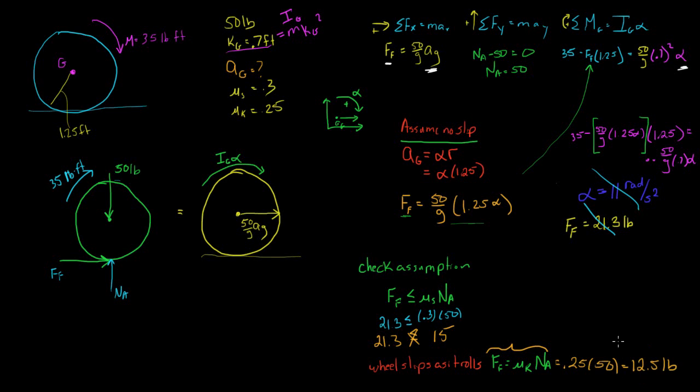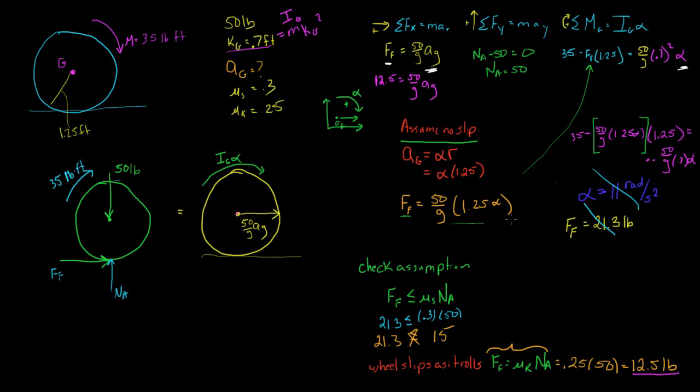But we still don't know what our angular acceleration is and what the acceleration of the center of mass is. But we now know our frictional force. So with this frictional force, we can go back to this sum of the forces in the x direction. We know our frictional force right here is this 12.5, which is equal to 50 over g times this acceleration of g.